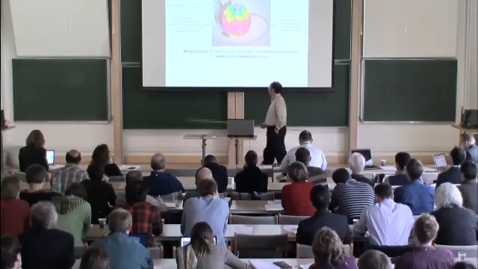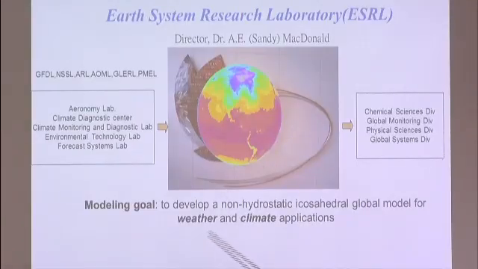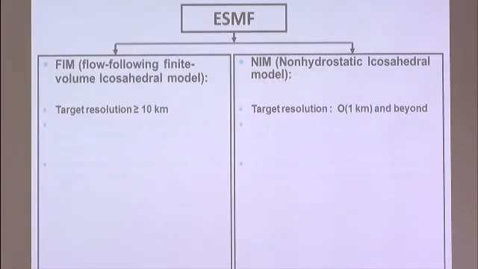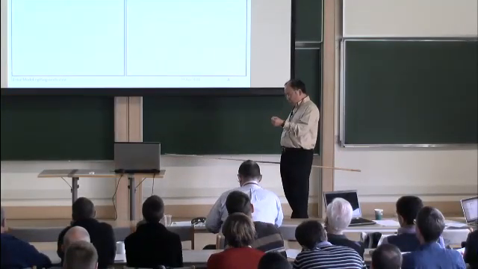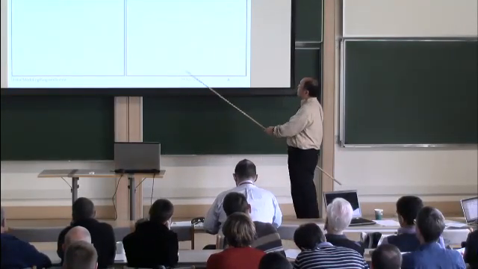So it is ESRL's modeling goal to develop a non-hydrostatic global model for weather and intra-seasonal climate prediction. The idea of the icosahedral model was introduced by Sandy, our lab director. To reach this non-hydrostatic goal, we decided to take two steps.